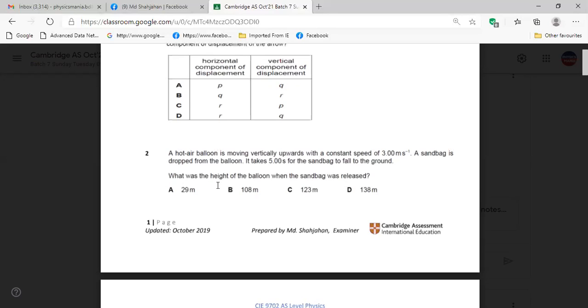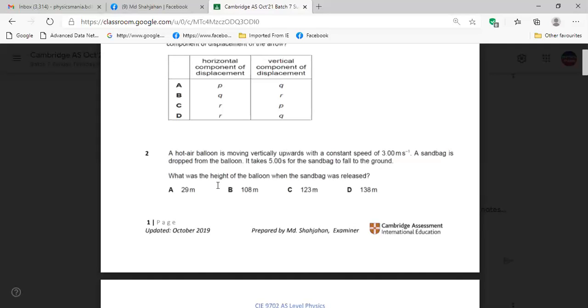So when it was moving vertically upwards with constant speed 3 meter per second, that time the sandbag was on the balloon, right? But when it was dropped, then it's not in the balloon. It does not have that speed now. Is it clear? Yes, sir.